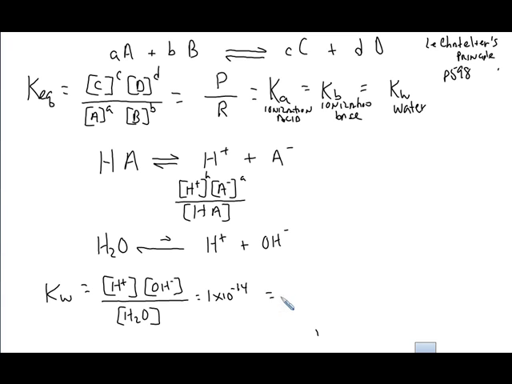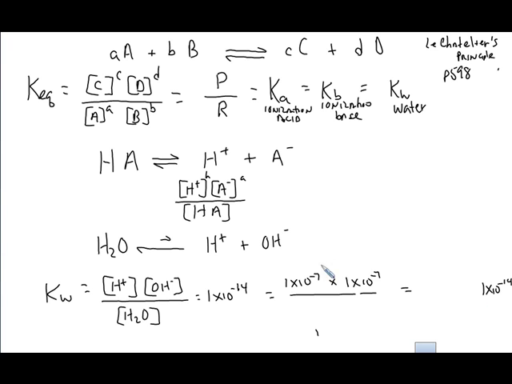Now, if that's true, and knowing that every time you produce a hydrogen ion there's also a hydroxide ion produced, then these two numbers must be equal, yes? And so they would each equal 1 times 10 to the negative 7, and 1 times 10 to the negative 7 multiplied equals 1 times 10 to the negative 14.